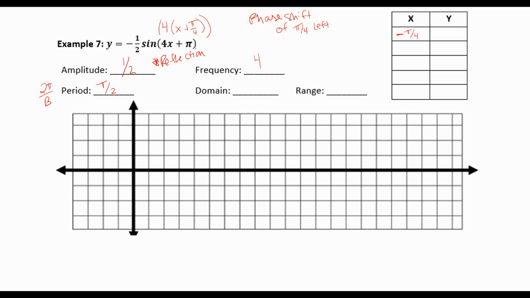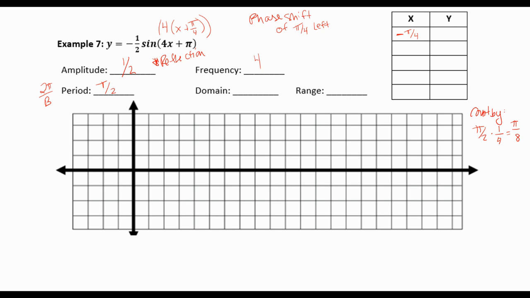So if that's my starting value, I want to figure out what I'm going to count by. So for our count by, we take our period pi over 2 divided by 4, or multiplied by 1/4, remembering that those are the same things. So I end up getting pi over 8. So let's do that.